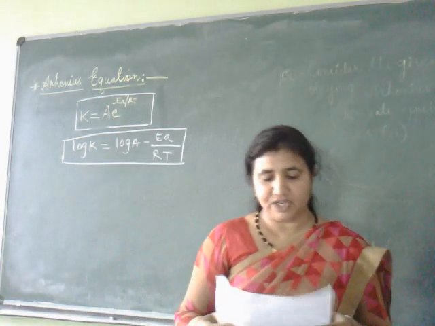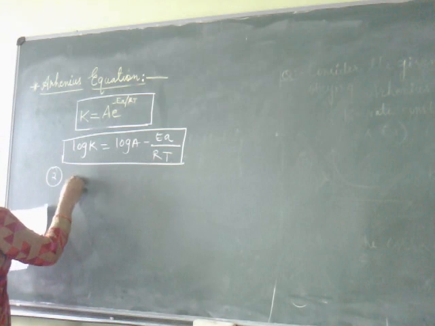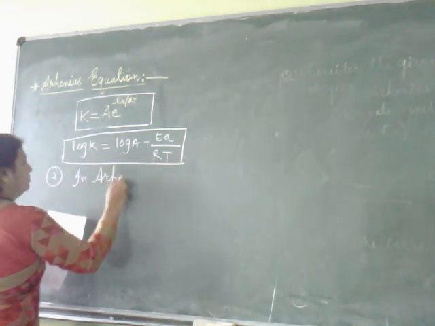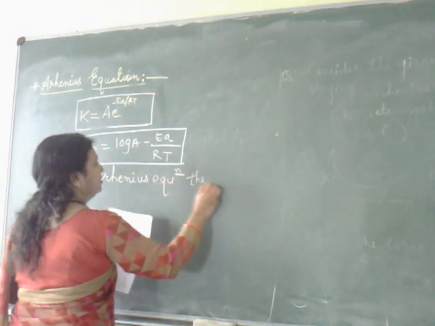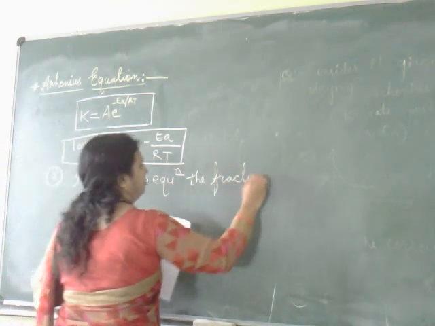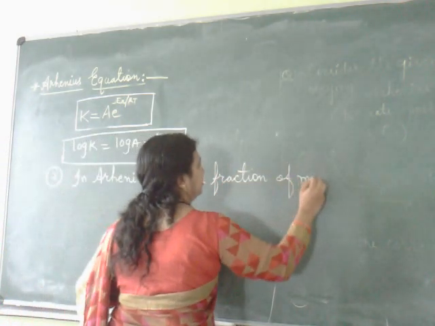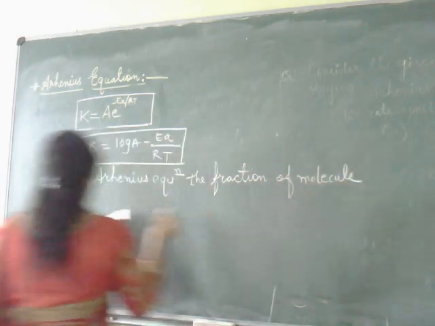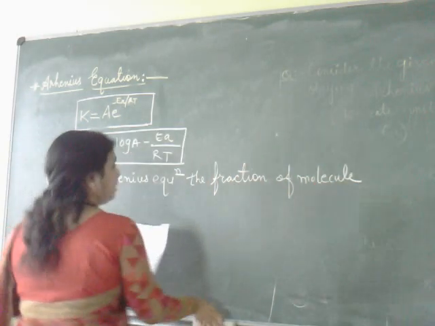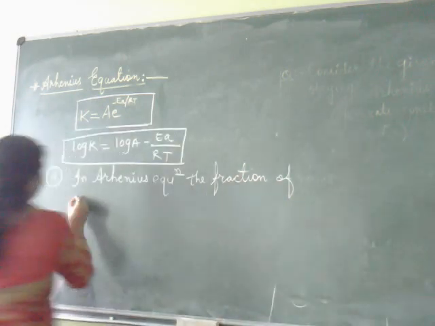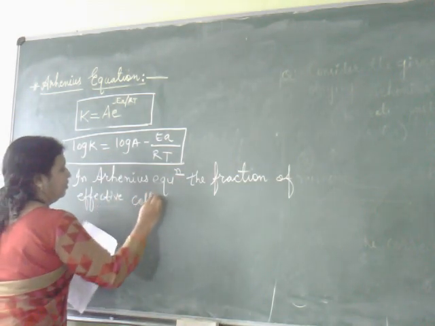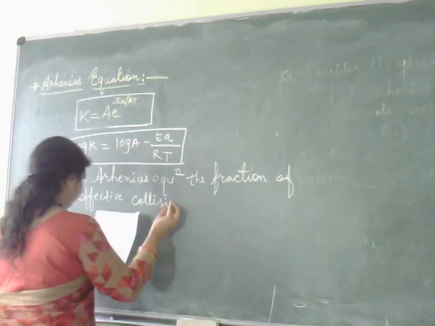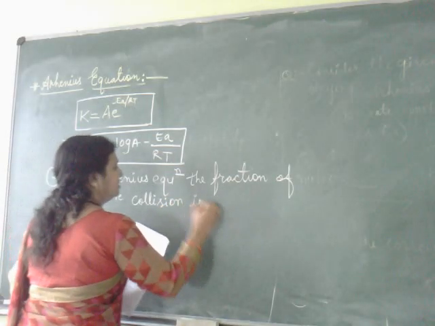The question they have asked: in the Arrhenius equation, the fraction of effective collision is given by.